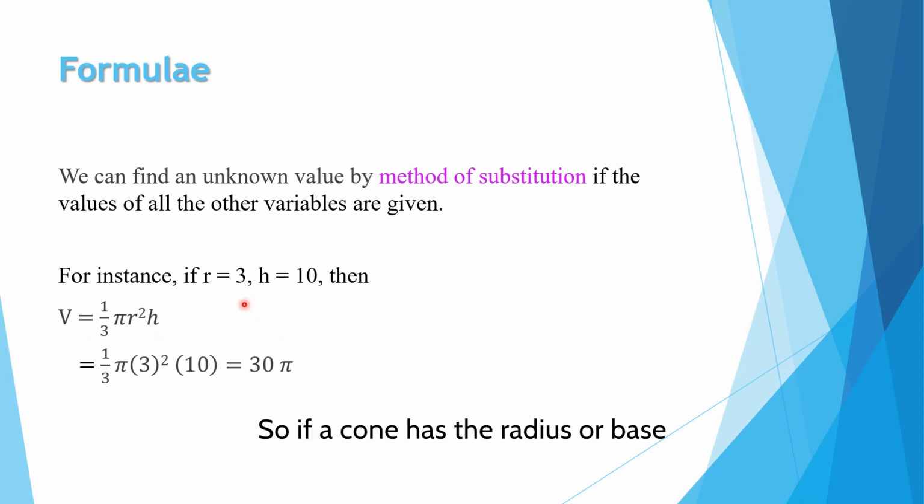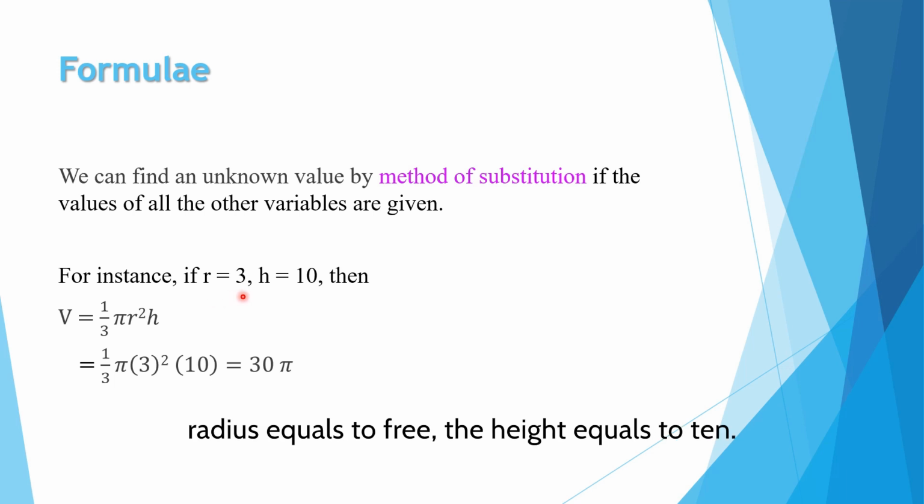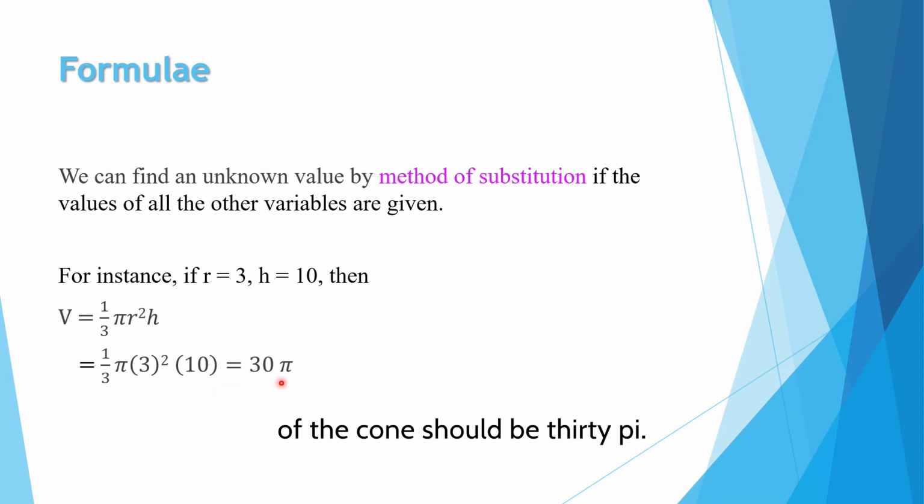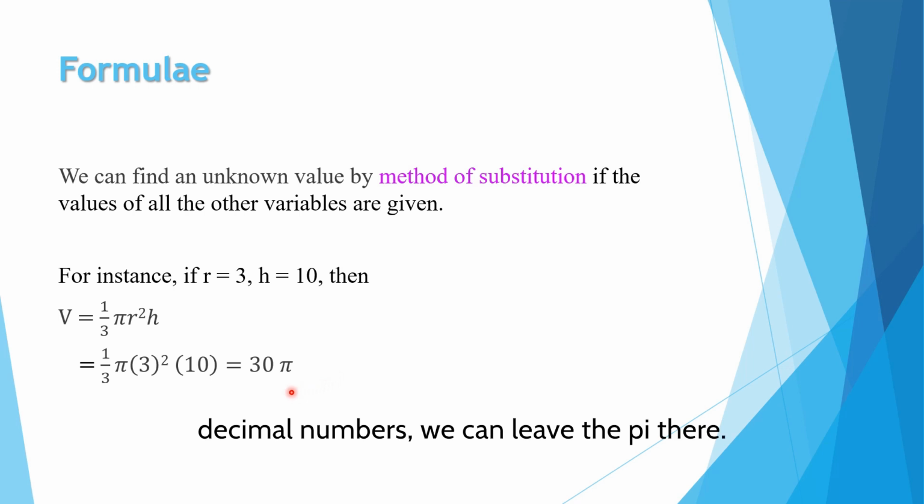So if a cone has the base radius equal to 3 and the height equal to 10, when we substitute into this formula, the volume of the cone should be 30 pi. Both 1 over 3 and pi are constant terms, but if we don't want too many decimal numbers, we can leave the pi there.